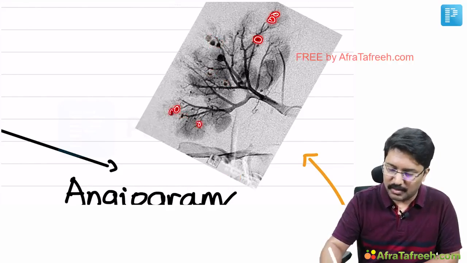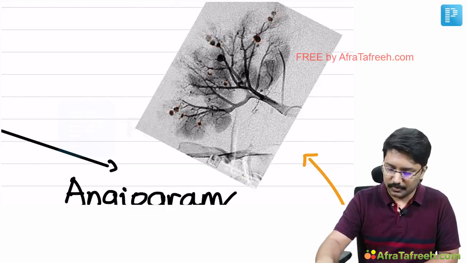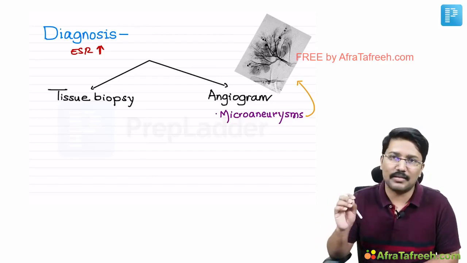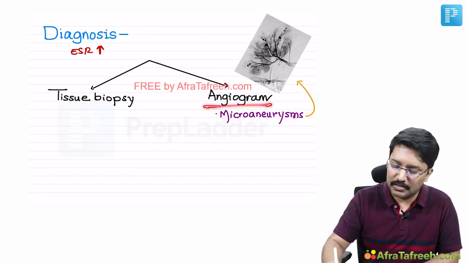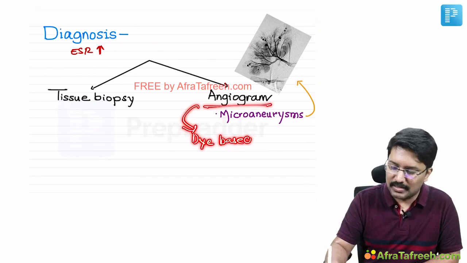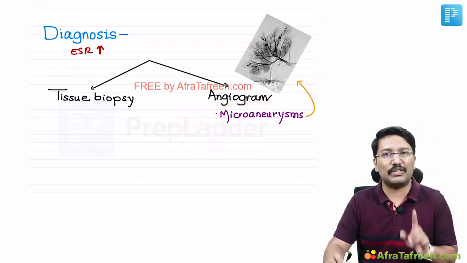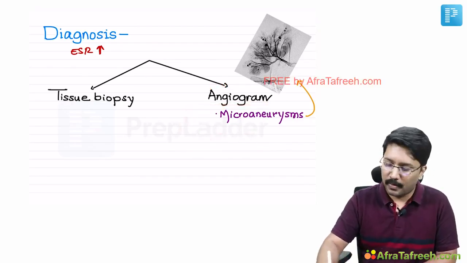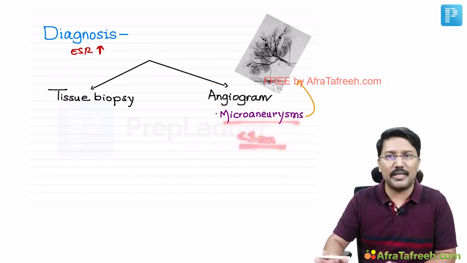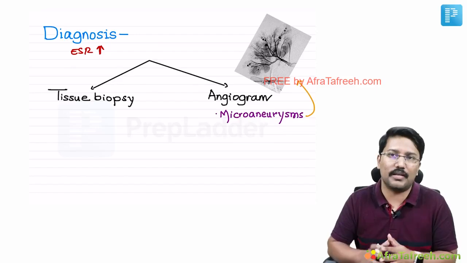I repeat, this angiogram has to be a conventional dye-based cath lab angiogram. It cannot be a CT angiogram or MRI angiogram, because we are talking about microaneurysms. These are usually less than 1 centimeter, and they are very often missed on MRI angio or CT angio.